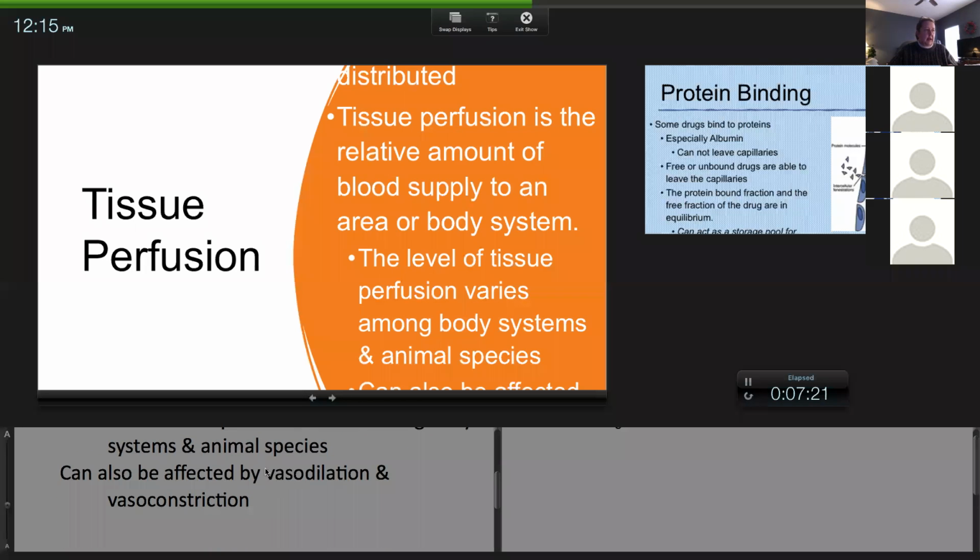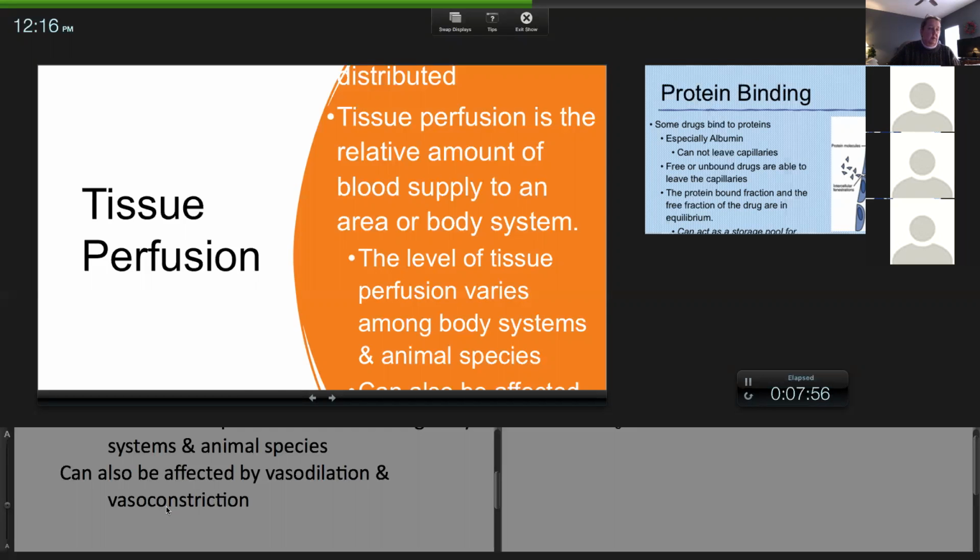It can vary via the species. One thing that affects your perfusion is vasodilation and vasoconstriction. For example, a lot of the anesthetics cause vasodilation, and when you cause vasodilation, you can decrease blood pressure. Blood pressure is part of how blood gets to those tissues, so you do worry about a drop in perfusion. One of the big consequences of having low blood pressure during anesthesia is that it's going to affect perfusion to the tissues.